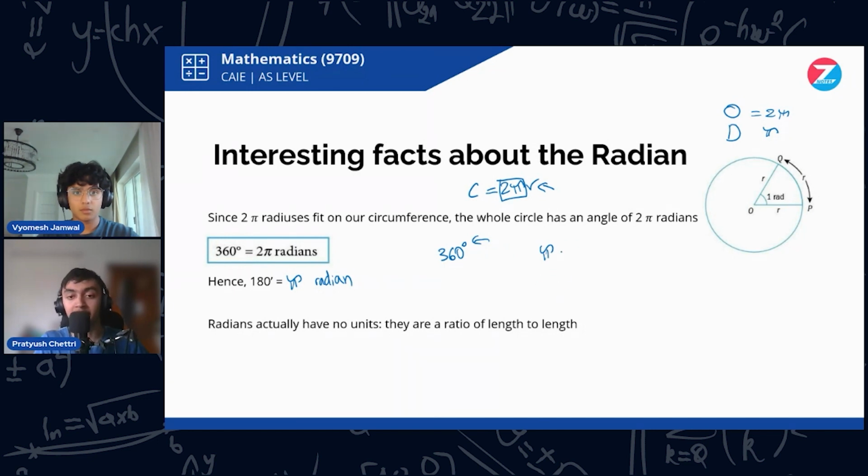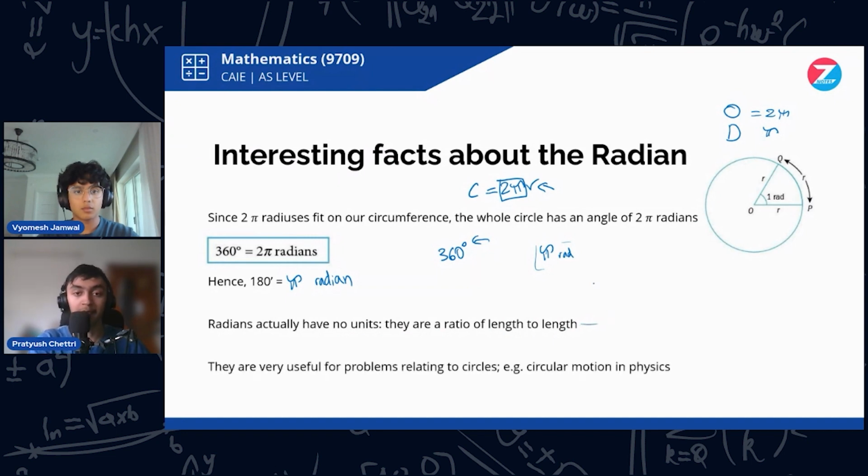Questions will often include rad, just to make sure you don't get confused with degrees, which is unlikely because radians usually have something like pi to tell the difference. However, you don't have to have a unit because it's simply the ratio of arc length to radius length. And since it's just a ratio of length to length, they cancel and it's just a number with no attachment to it.